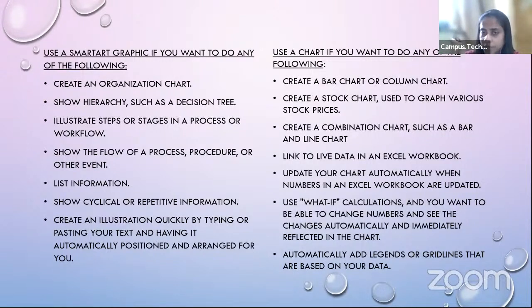Once you change the values, you will see that the chart has also changed. Update your chart automatically when numbers in the Excel workbook are updated. In a SmartArt graphic, you'll have to remove the words and numbers written and retype them. But here, if you update anything in your Excel workbook of that chart, everything will be updated in the graph or the chart also.